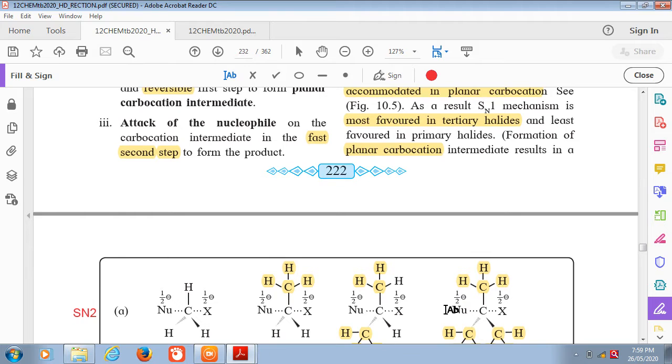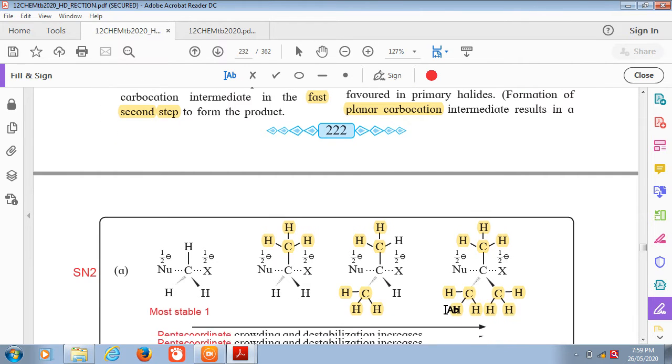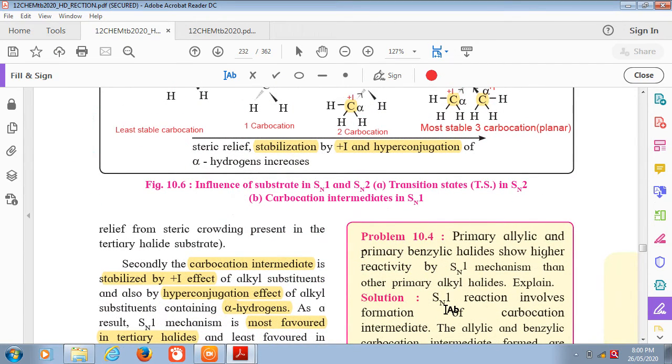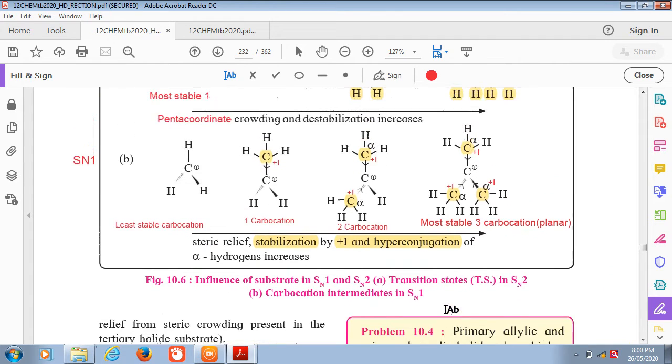So the planar carbocation intermediate results in relief from steric hindrance present in the tertiary alkyl halide substrate.